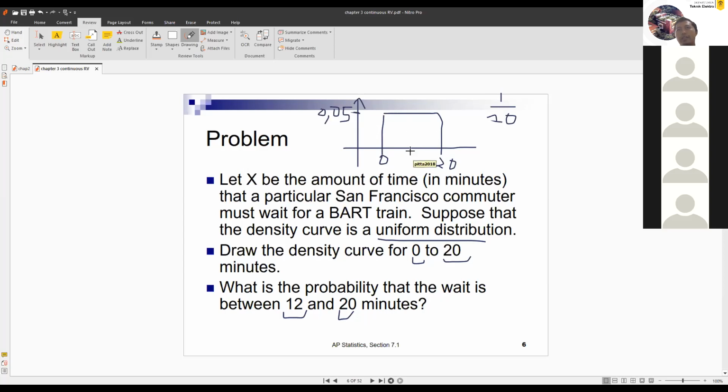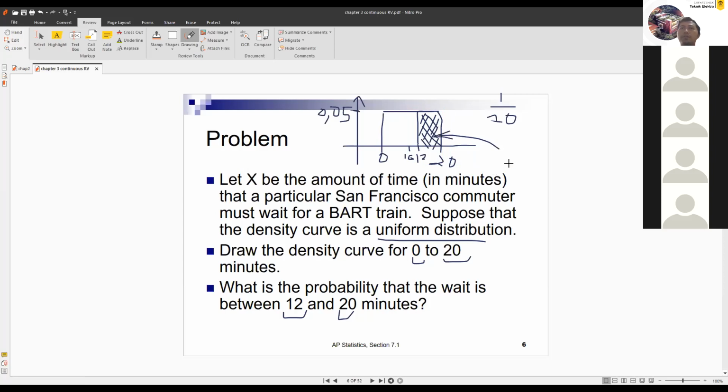So let's say here is 10 and 12 is here. So we have to compute the area that I make a pattern here. It's like a crossfish. What is the size of this?